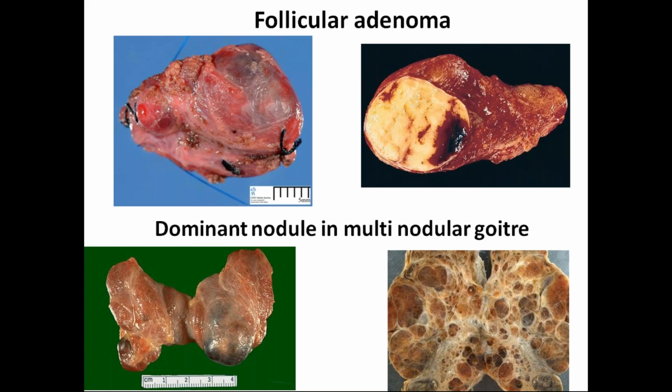But whereas in case of dominant nodule in MNG, only one cystically dilated nodule, if the patient presents with this condition, by palpating it, it is very cystic in consistency. Whereas in case of follicular adenoma, it is solid in consistency. And if we aspirate this nodule, we will get colloid. And if you aspirate this nodule, you don't get colloid. Cytology.